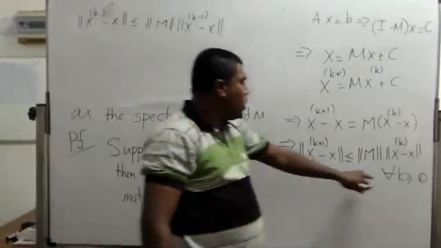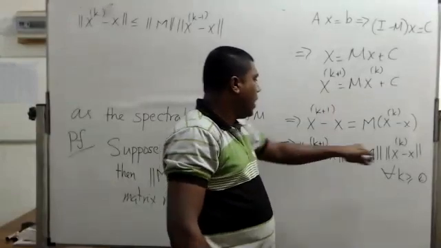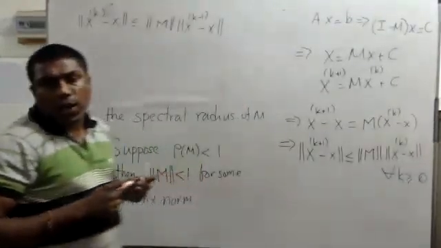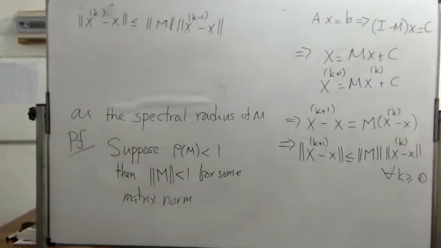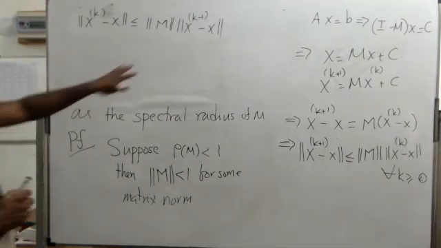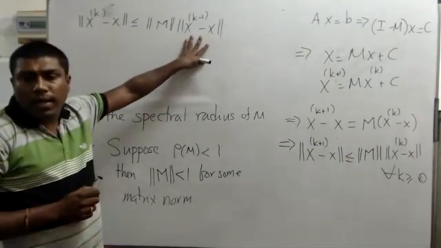Because this is true for all k, so if I put k here, I will get k minus 1 there. So now you apply it for x_{k-1} - x.